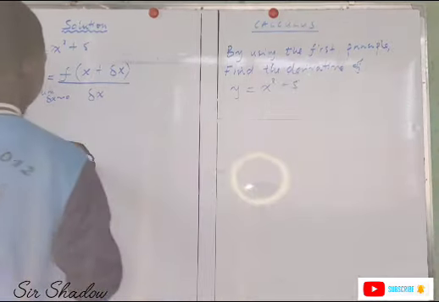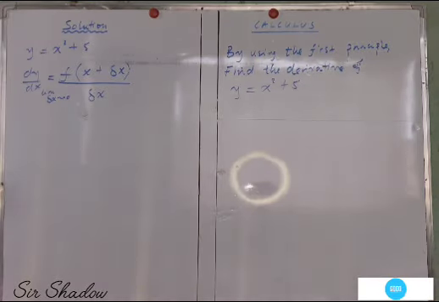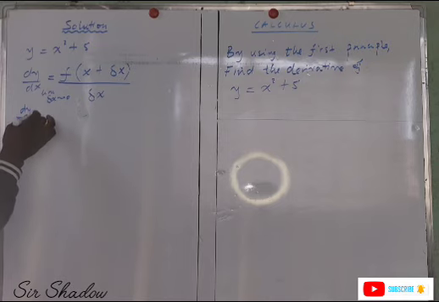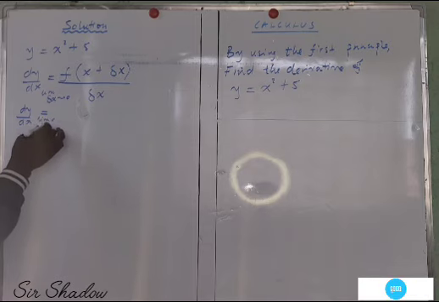So let's see how best you can do this one. It becomes dy dx is equals to limit delta x approaches 0.